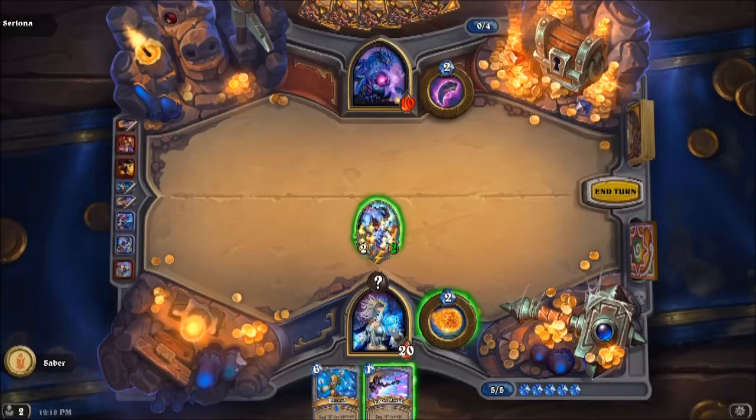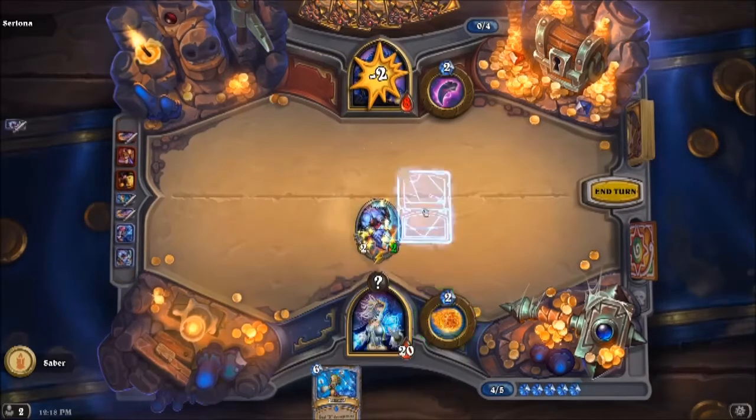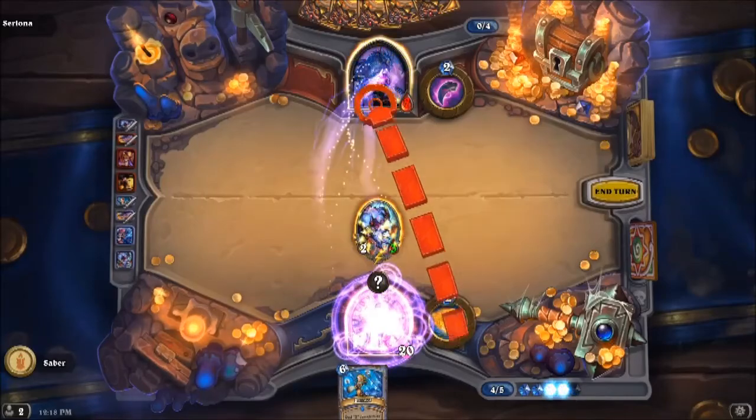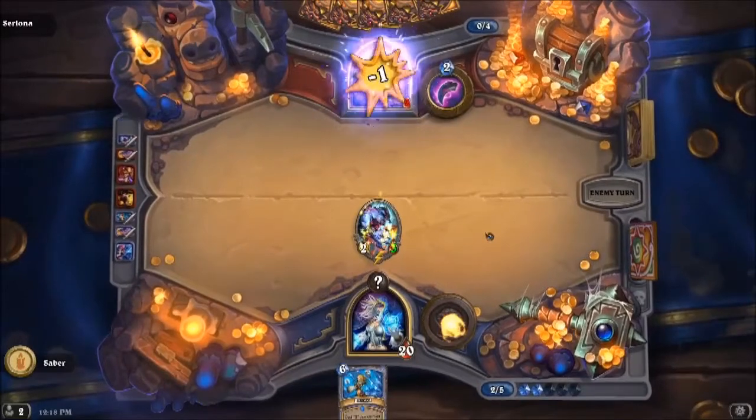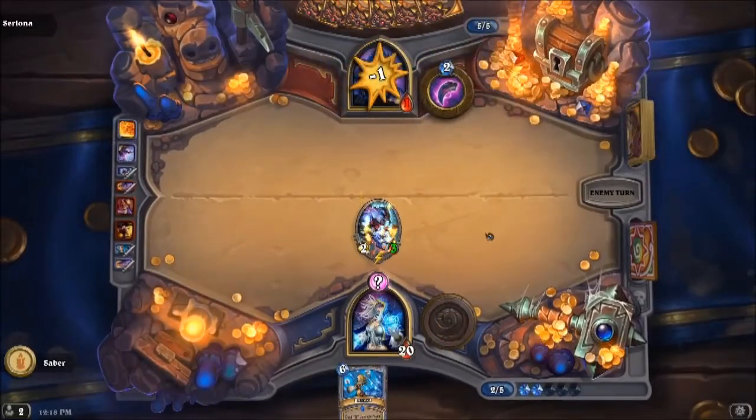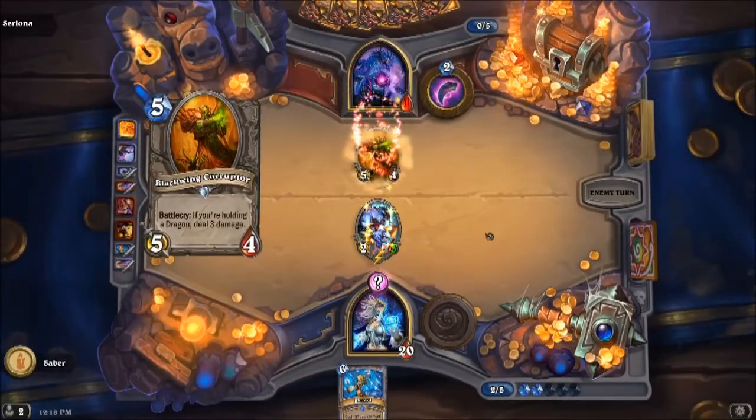Now we can do that one. So I did get rid of most of my units, but it's not too much of an issue. There we are, because next turn we'll be able to use the hero power, get rid of him.